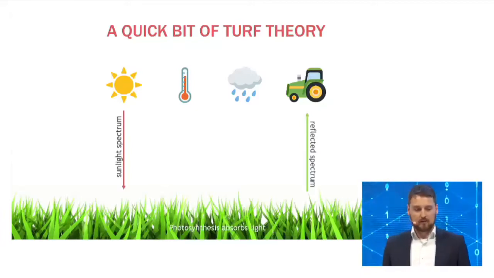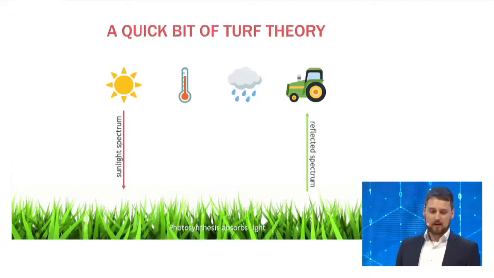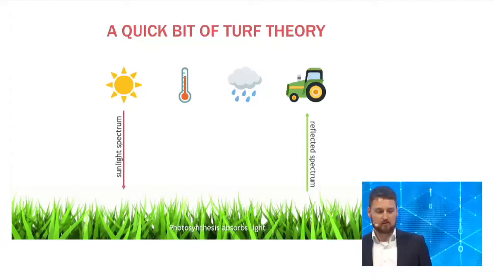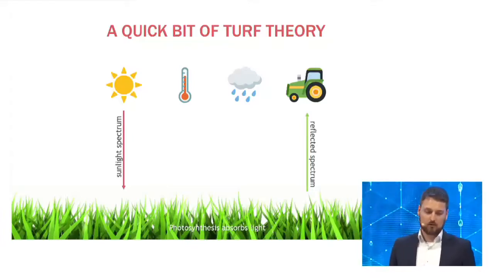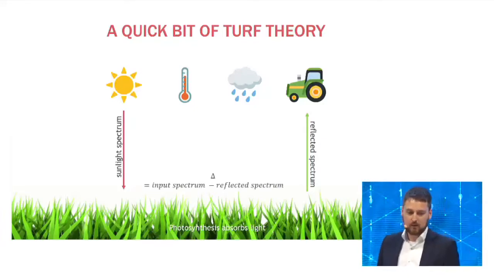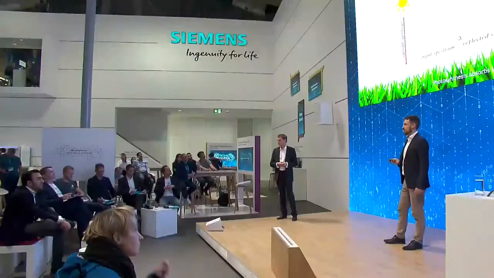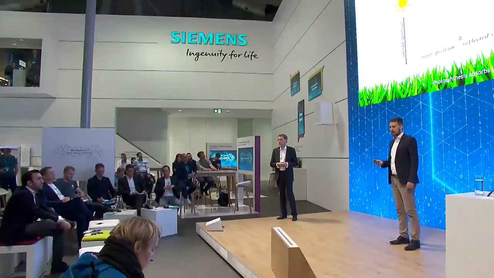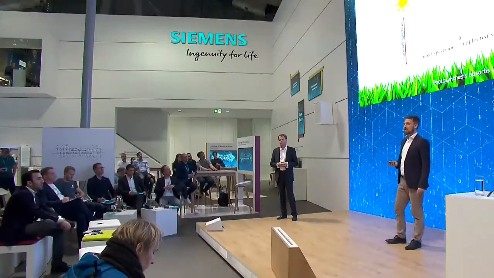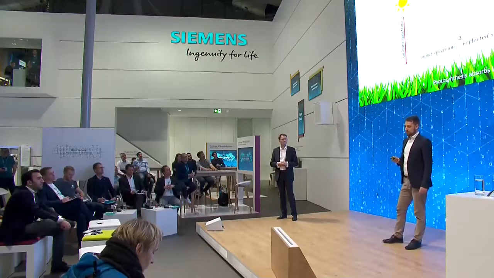What is interesting is that the sunlight shines onto the grass, and photosynthesis absorbs light, so that a different light spectrum is reflected from the grass. That means we can build a delta from the input spectrum and the reflected spectrum of visible and invisible light waves, and that allows us to calculate a plant health index.